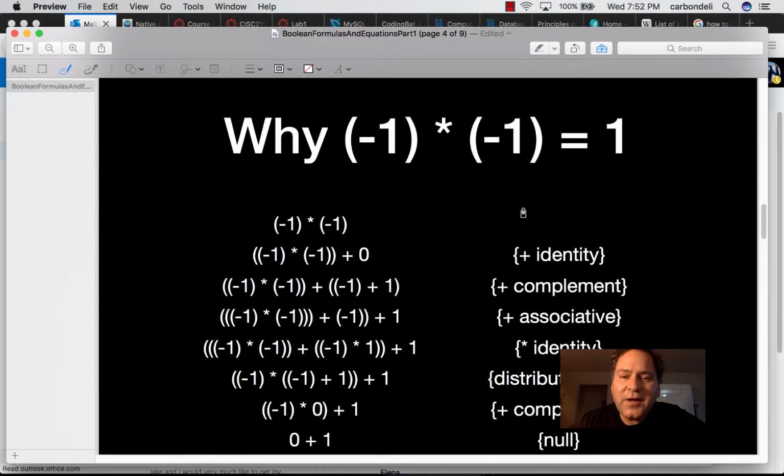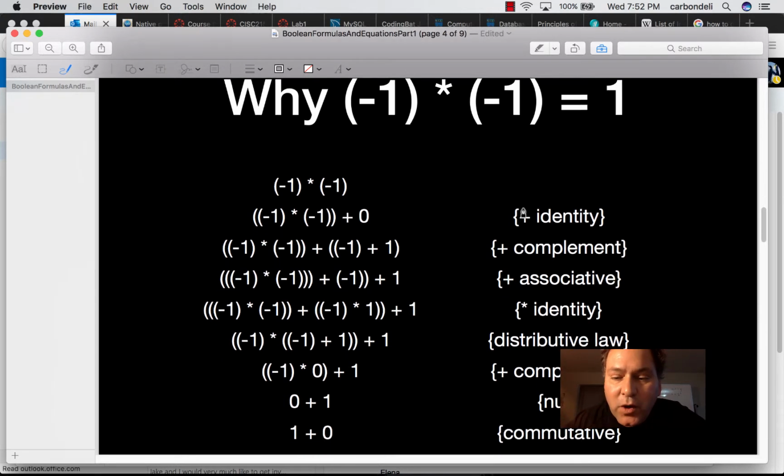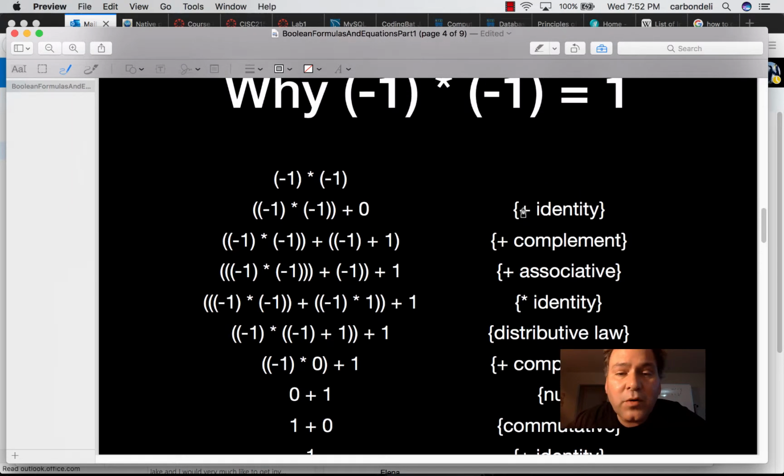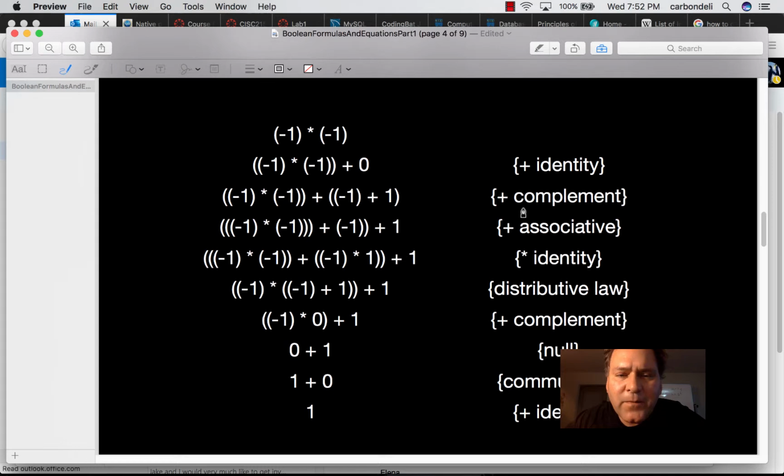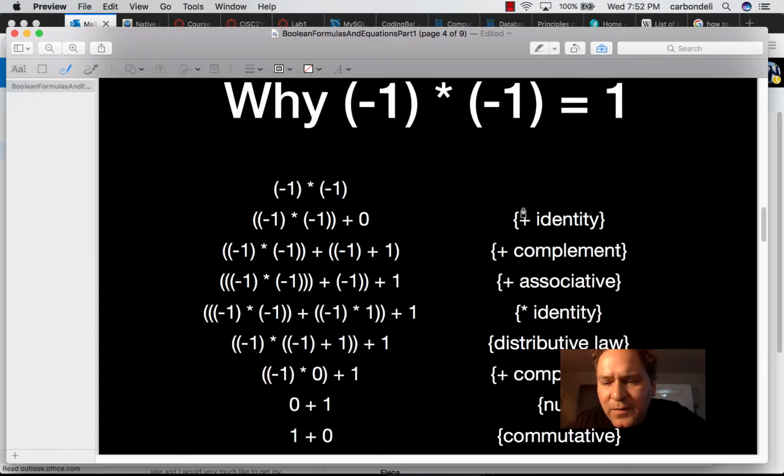And then the question is, why is minus 1 times minus 1 equal to 1? What appears here is a proof that's reproduced from the textbook that demonstrates this using the axioms or the equations we just looked at.